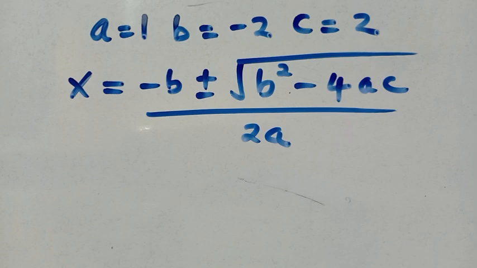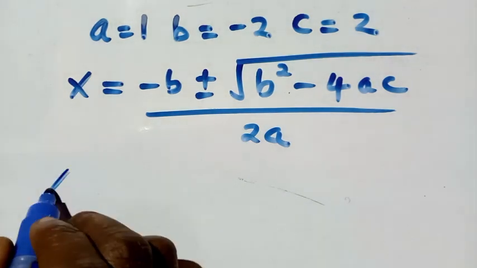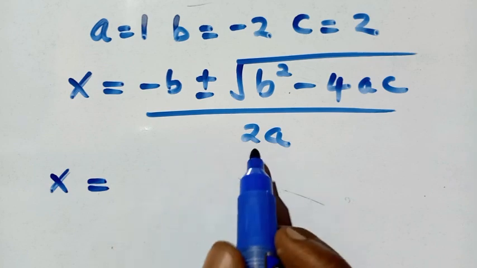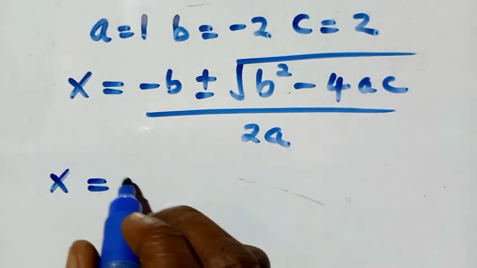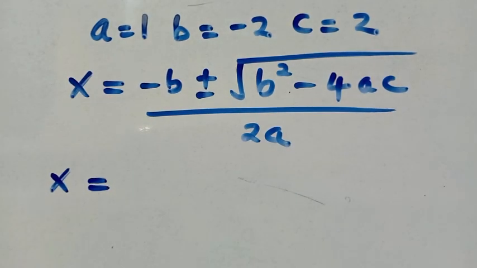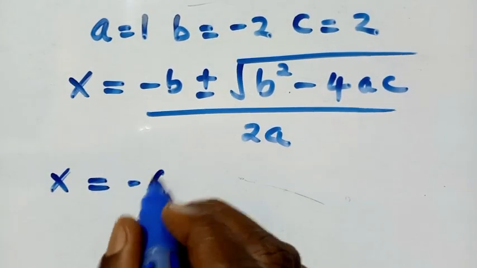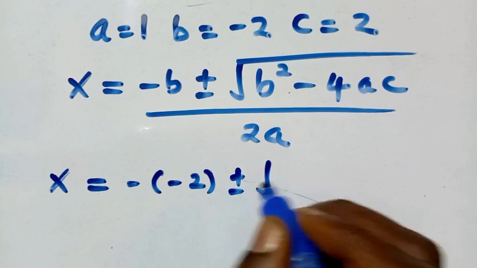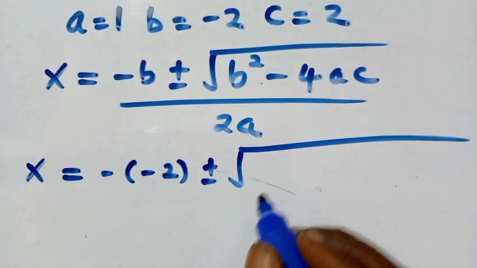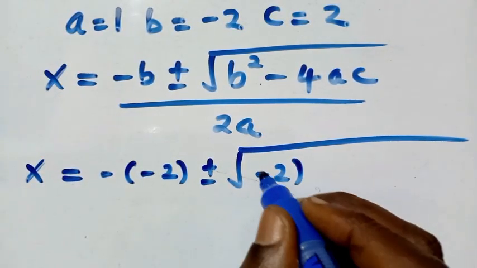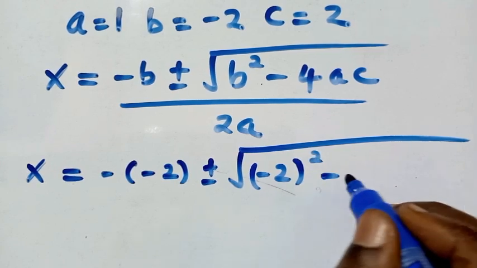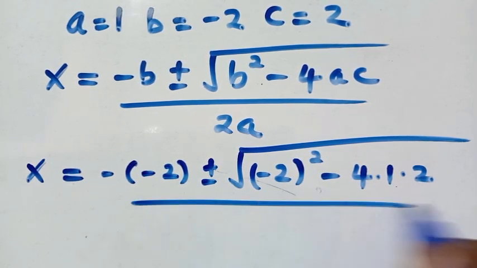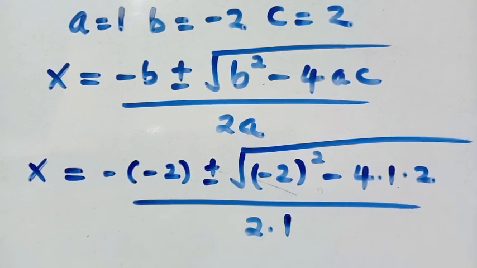We start inputting these parameters: a is 1, b is minus 2, and c is 2. For b we have minus, in brackets, minus 2, plus or minus the square root of minus 2 squared minus 4 multiplied by 1 multiplied by 2, divided by 2 multiplied by 1.